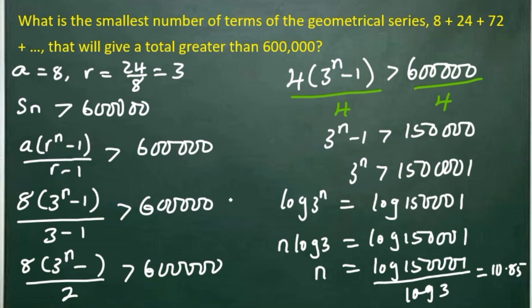So therefore the value of n is 10.85, which is approximately 11. So if we want the smallest number of terms for which this series total will be greater than 600,000, the value of n should be 11.